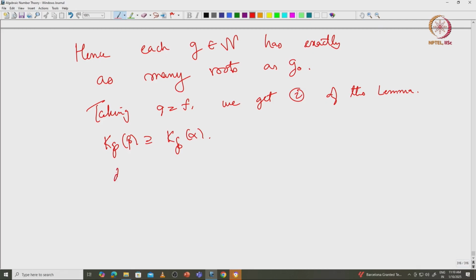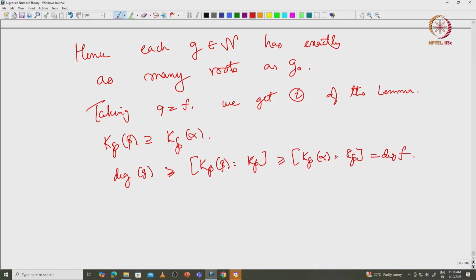So, we get degree of G is greater than or equal to degree of Kp of beta over Kp, which is greater than or equal to degree of Kp of alpha over Kp, which is equal to degree of F. But these two are equal, right.